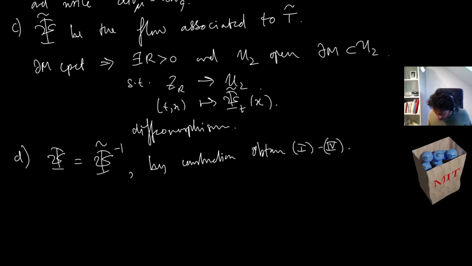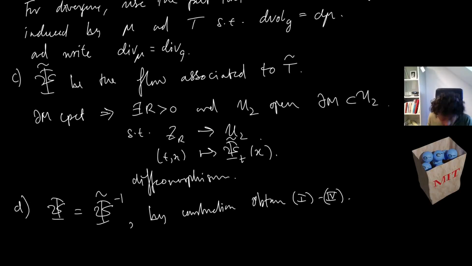So why did we bother with this F? So the point is that we want the F. So, okay, let me see. I mucked up a bit here. I think this is, sorry, the flow associated to F times T tilde.